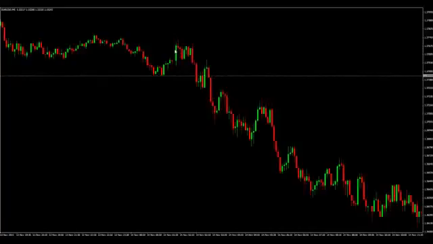So essentially with this strategy that I'm going to be sharing with you, what we're looking for is these support and resistance lines and how price is reacting to these lines.